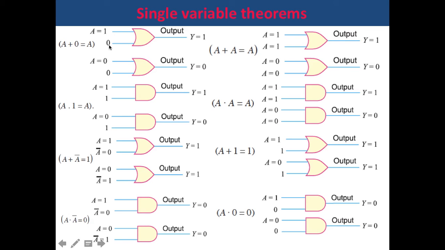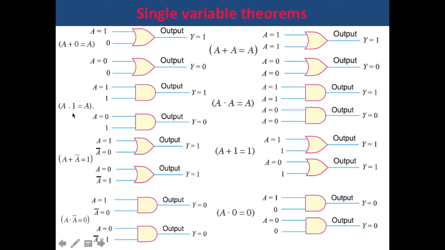So 1 plus 0, output is 1. It means A plus 0 is equal to A. If you take 0, so 0 plus 0, output 0. Hence this theorem proved.